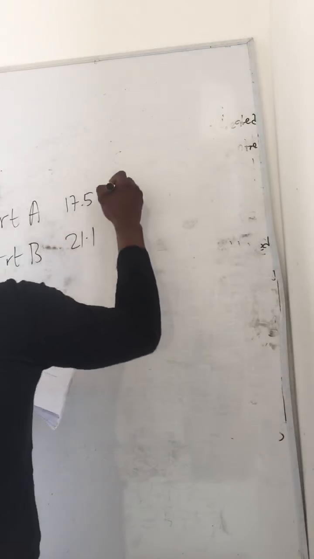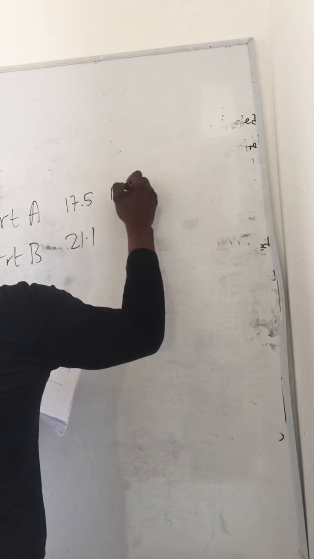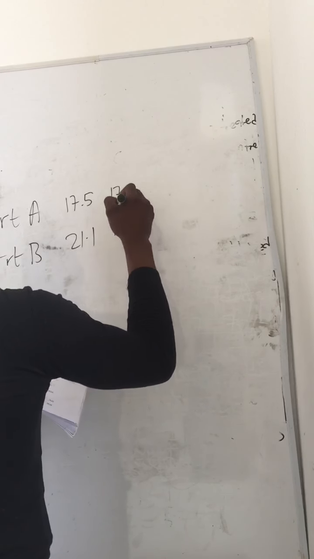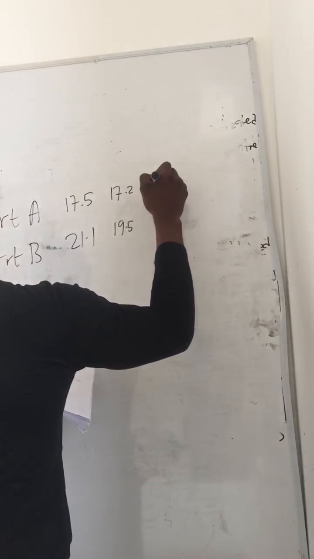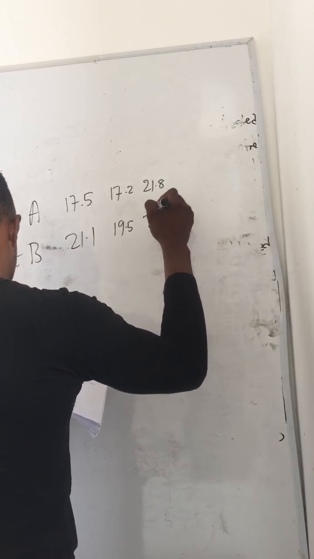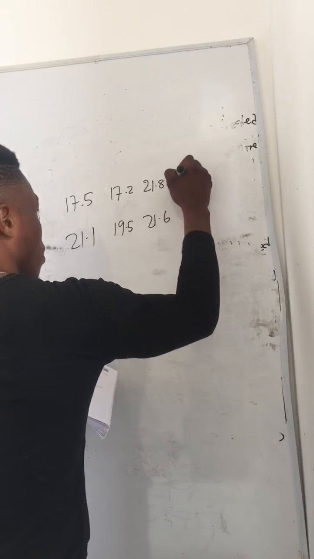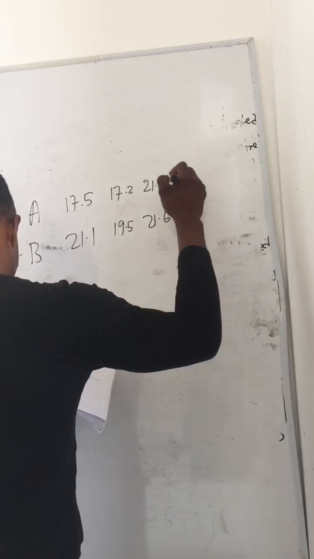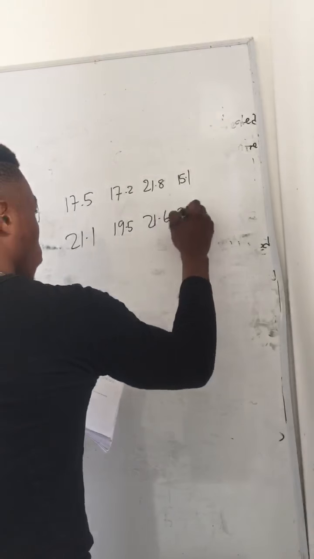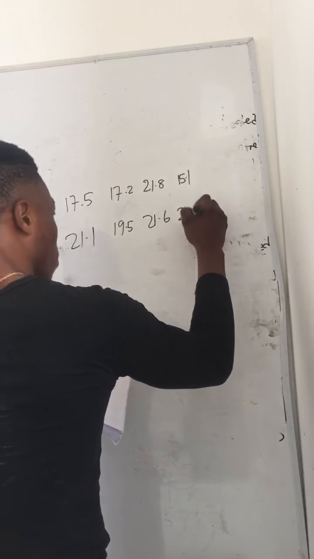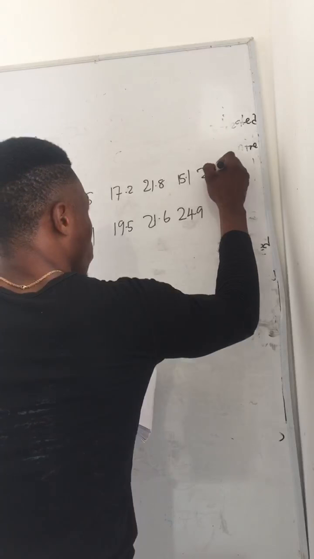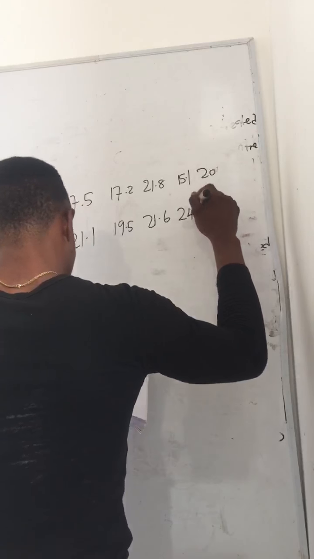Here you have 17.2 and 19.5. Then 21.8 and 21.6. Then 15.1 and 24.9. Then 20.0 and 25.9.